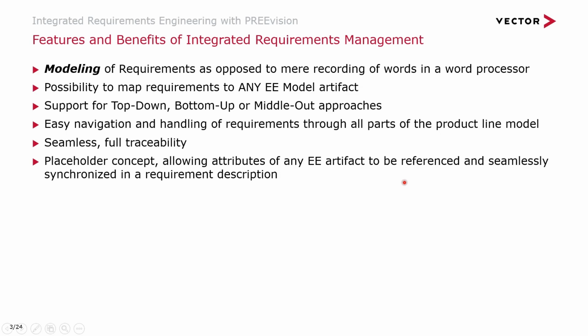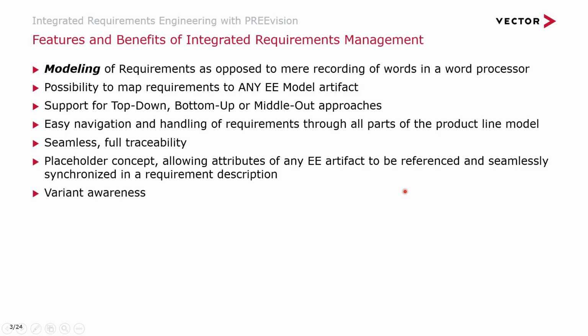If you were to ever change that at a later date, the reference inside the placeholder would update. So you would never have to go back and rewrite your requirement because you changed the name of an ECU, for instance.